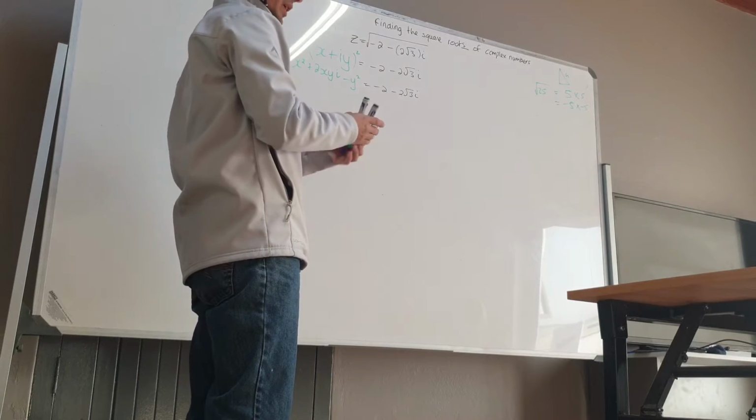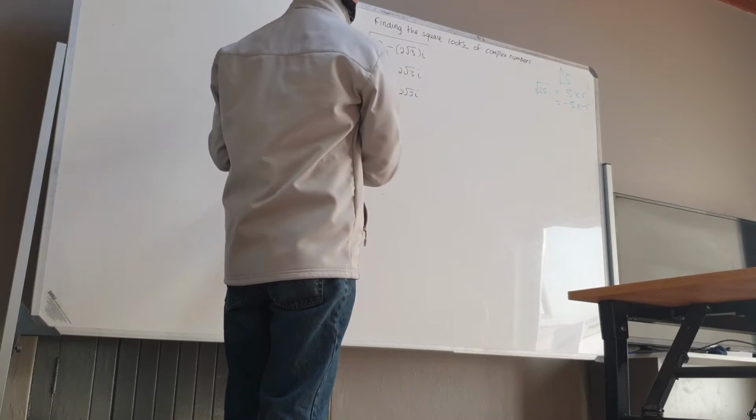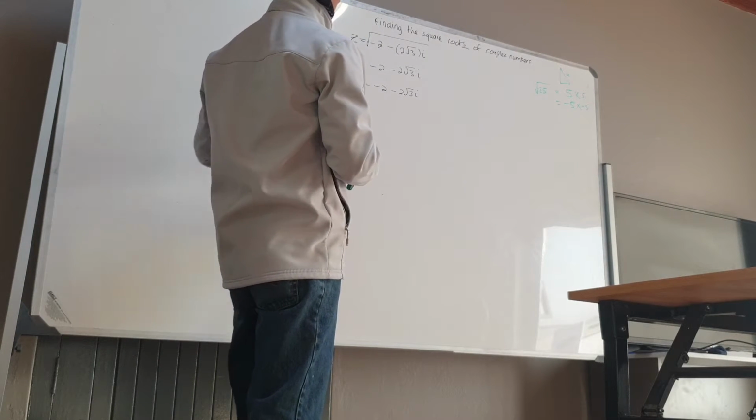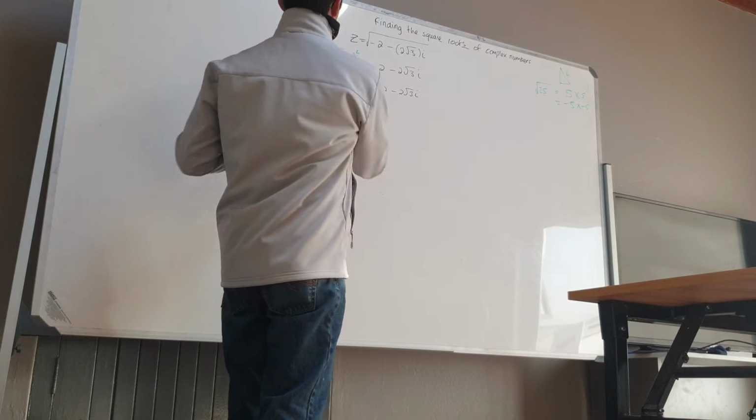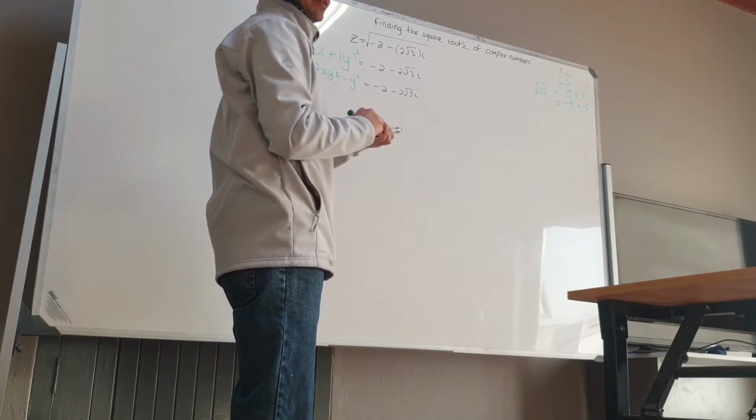Now from here, we're going to collect the real parts and the imaginary parts separately. Okay? So the real parts are my x squared and my minus y squared. That's the real parts. They don't have any imaginary component.